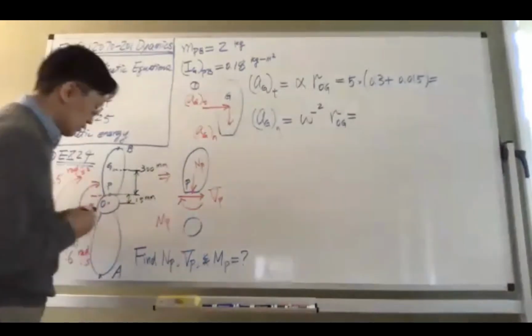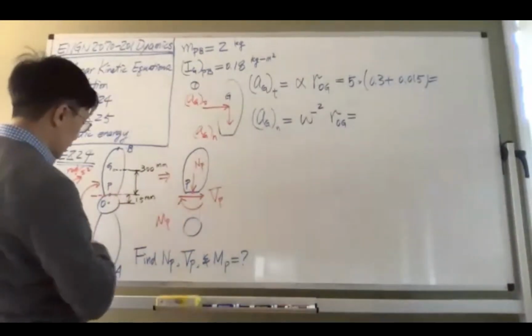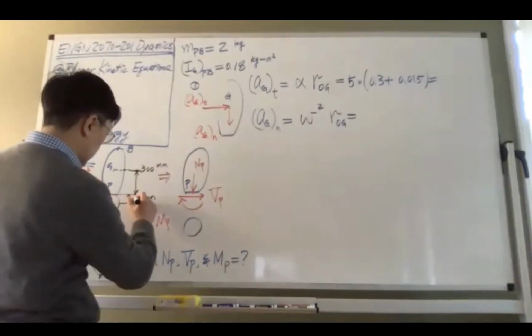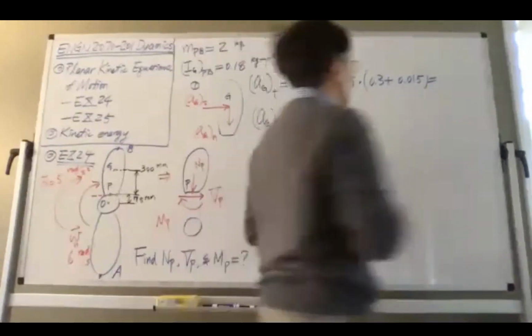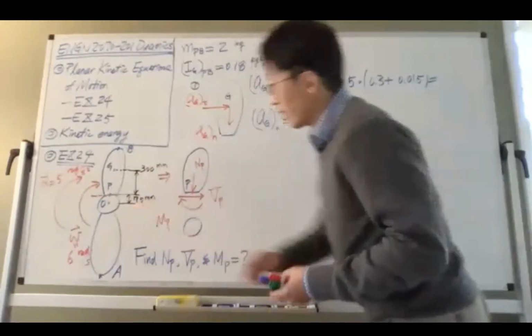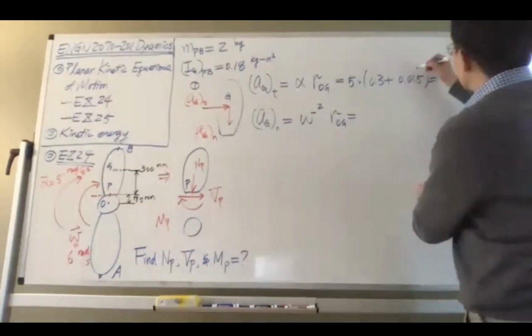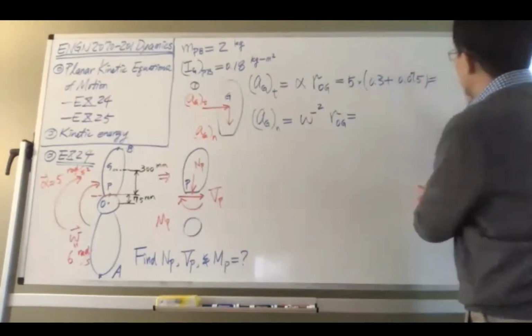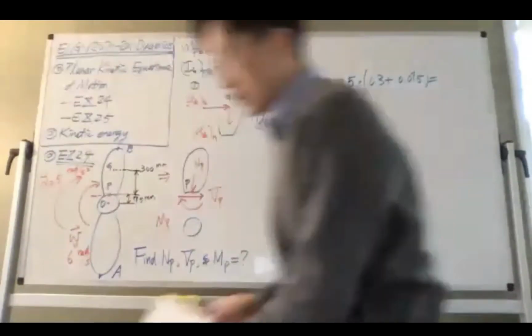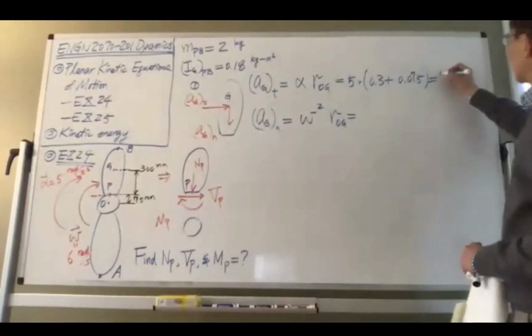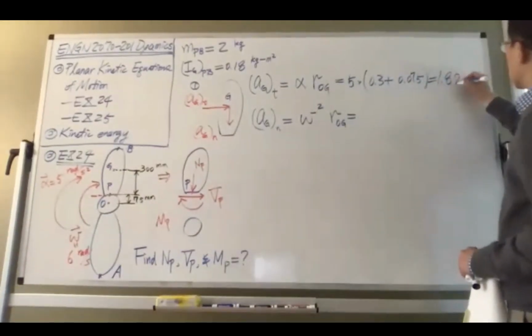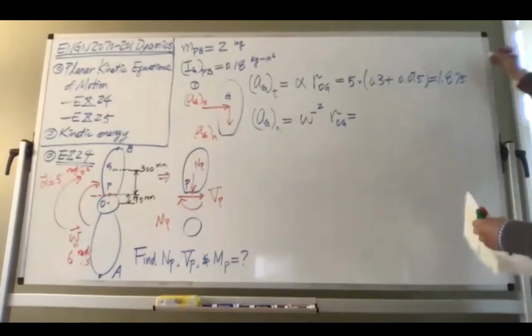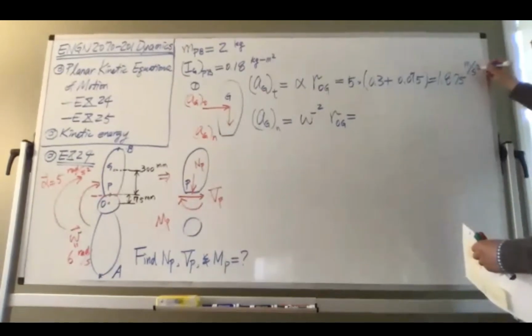This is not 15, it's 75. I read it too fast. Okay, so please correct it. This is 75 millimeters. So here, this should be 0.075. And the result is 1.875 meters per square second.